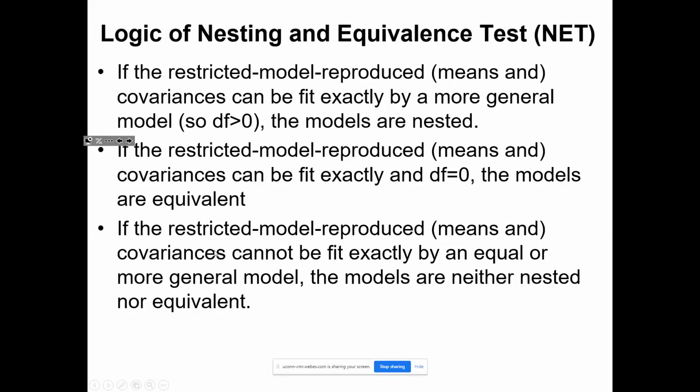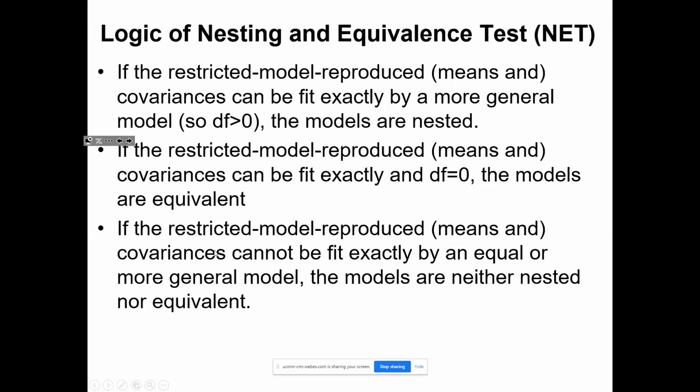This is what Bentler was saying about the nested within. If you're looking at two equivalent models with the same degrees of freedom, it doesn't matter which model you choose for M1, whichever model you choose, it doesn't matter, right?